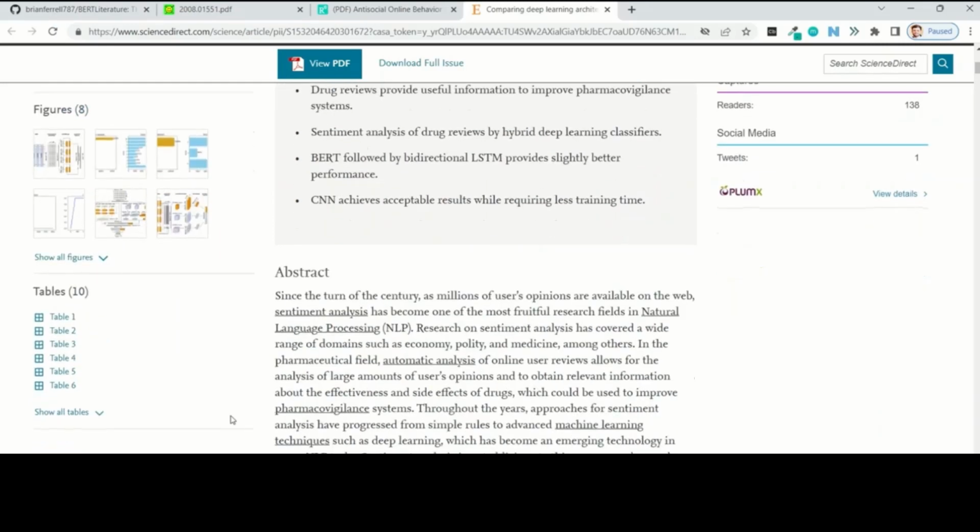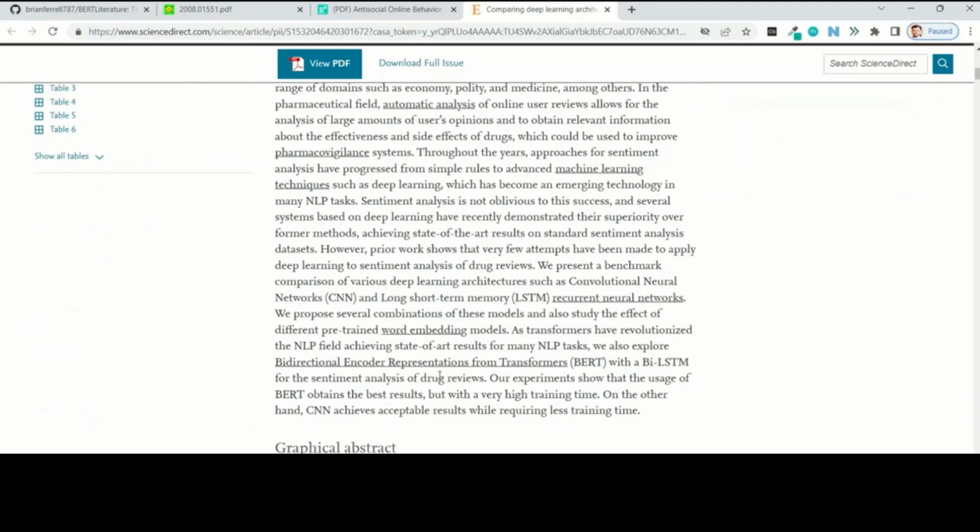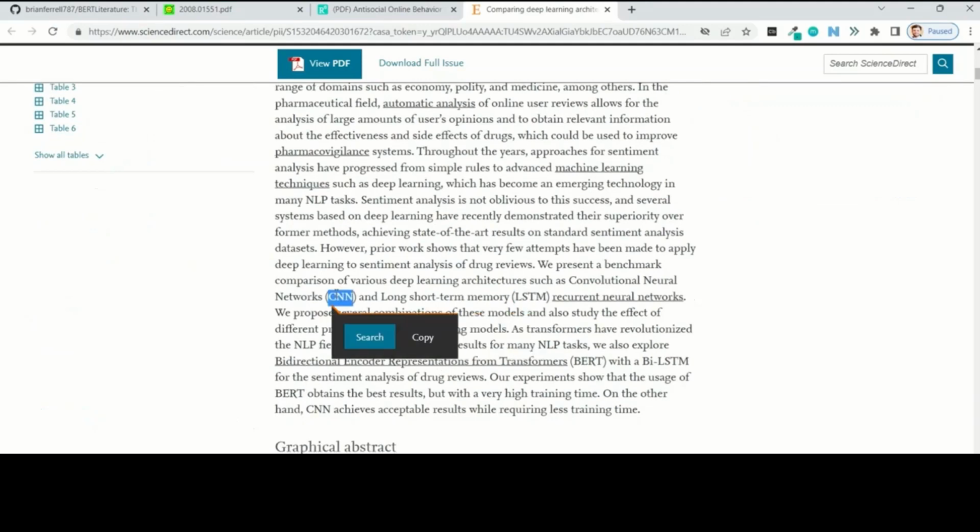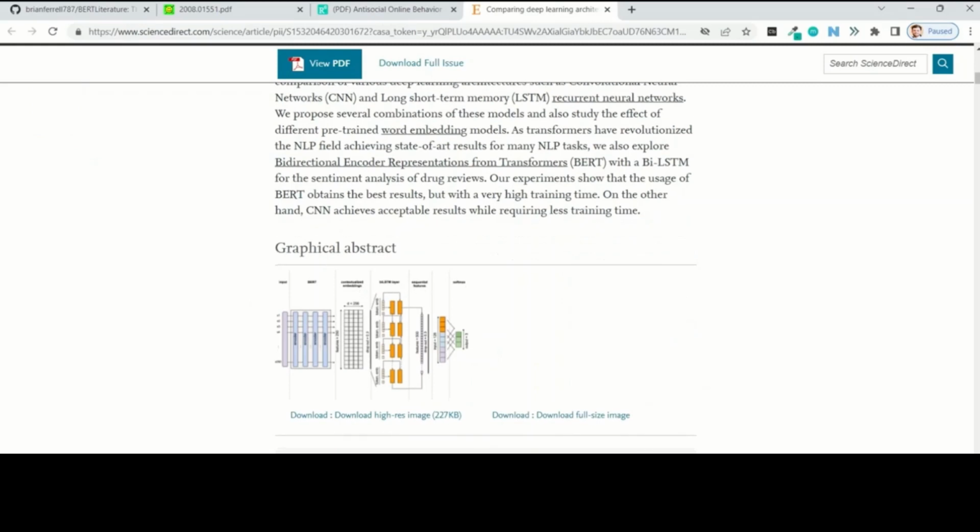The models that they used, for example, were an LSTM, convolutional neural networks, SVM, and then hybrid models. And they used BERT plus LSTM. The data set is taken from drugs.com, which comprises drug reviews with their score. I guess it's a score that reflects a patient's degree of satisfaction with the drug.